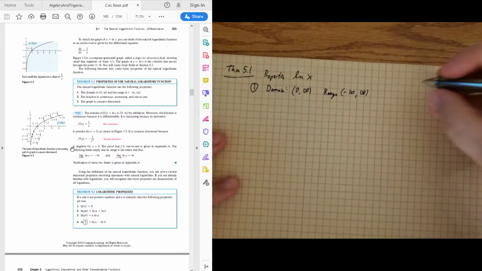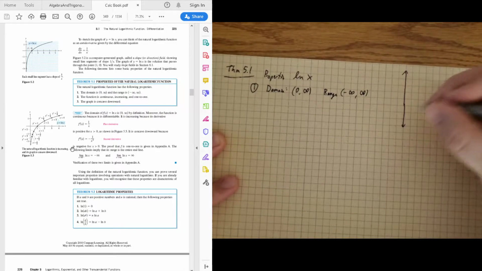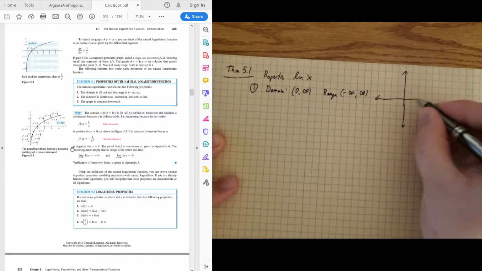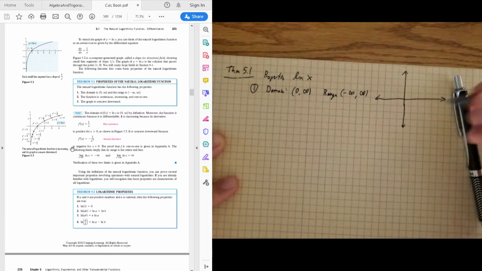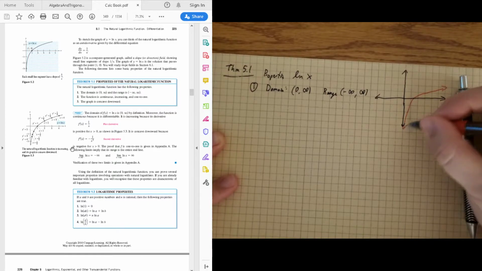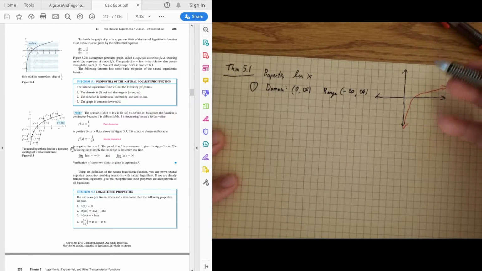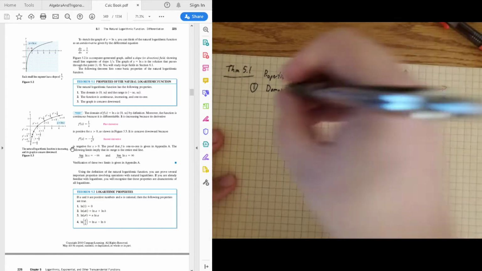Again, if you look at the graph of this function, that should make a lot of sense. Because if we have a graph of the function, we can clearly see that the x values only start working at 0, or just after 0, but the y values always have an answer. So that's property number 1.